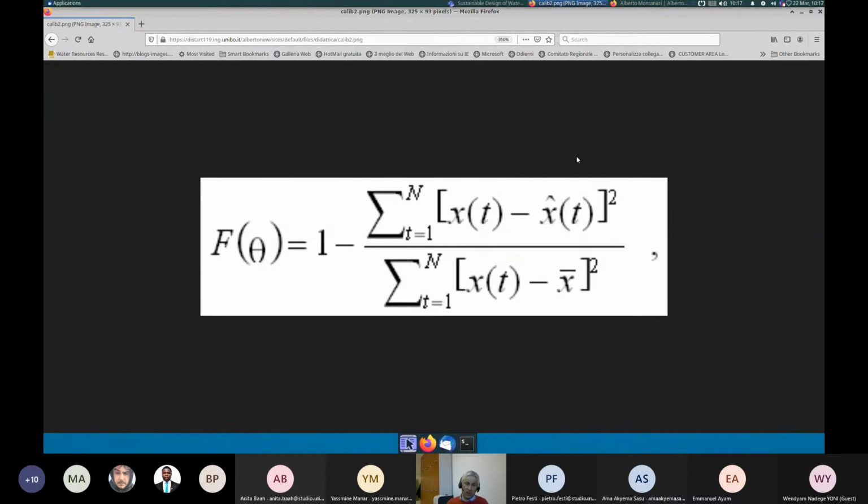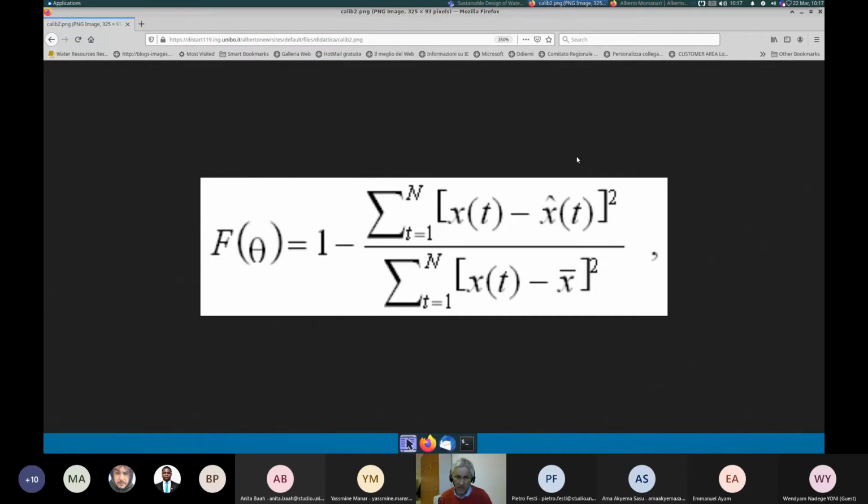Okay, first, how it's called. This objective function is called Nash-Sutcliffe efficiency. And please make an effort to remember it because it's important. Again, Nash-Sutcliffe efficiency.